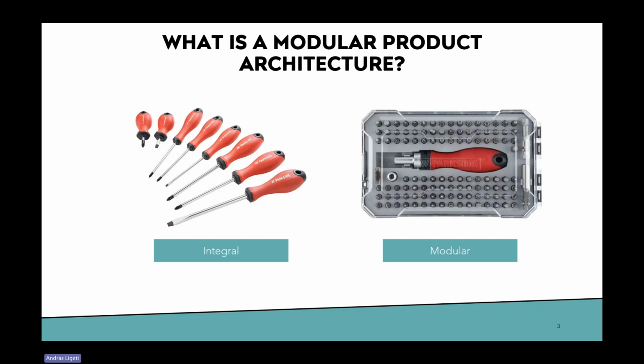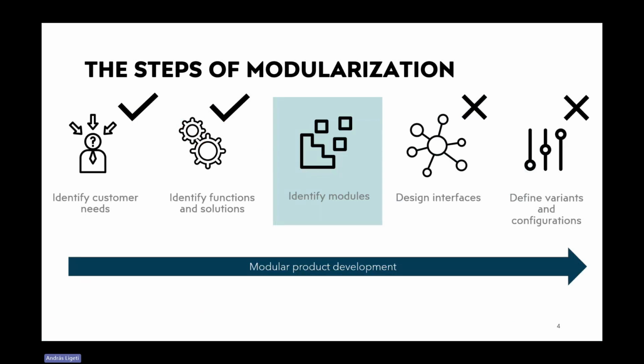In the next steps, I'll show you the steps that you have to take to design a modular product. These are the following. First, before you start to design your product, you have to get to know the customer needs. So you have to ask your customers, what do you want?